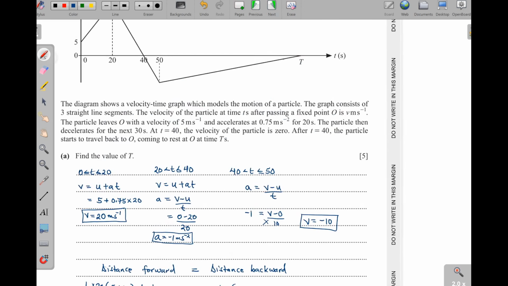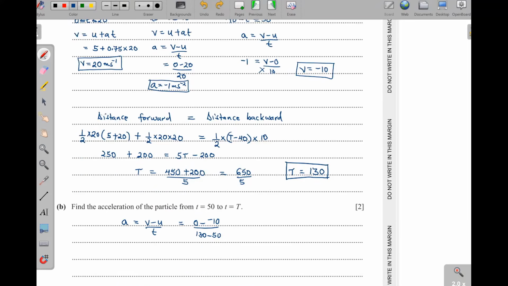The total here is 130, then subtract off the 50 here, which gives us 80. So this one will be 10 out of 80. That means that acceleration is 1 over 8, which is the same as 0.125. So you can write it as a decimal or as a fraction. It is all up to you.